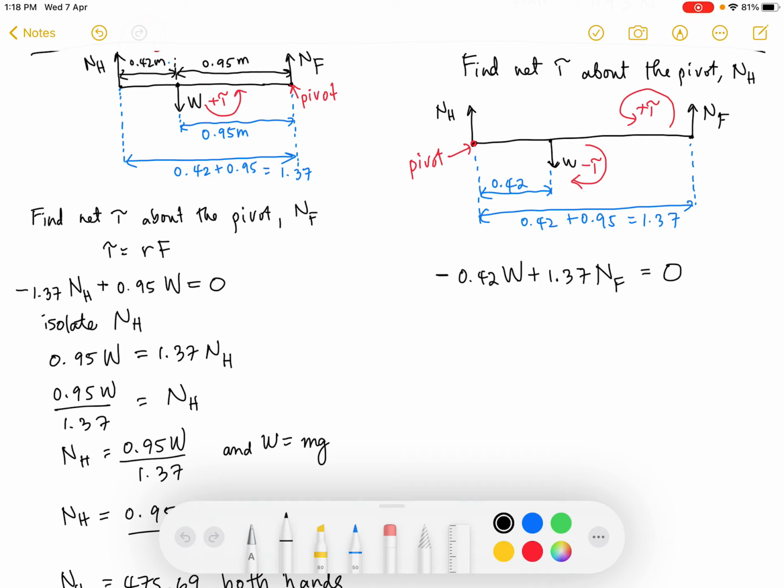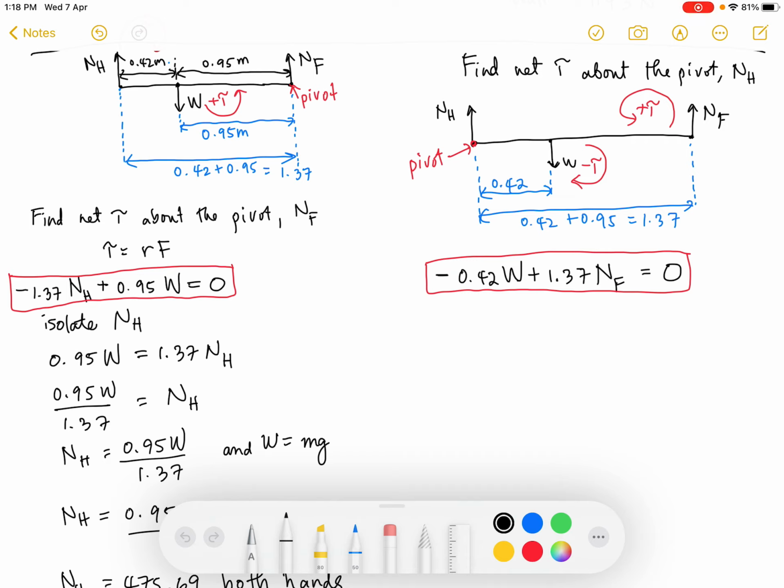So you see how your equation is different depending on where you put your pivot point. If your pivot point is at NH, you have a negative 0.42 W. If you put your pivot point at NF, you have a positive 0.95 W.